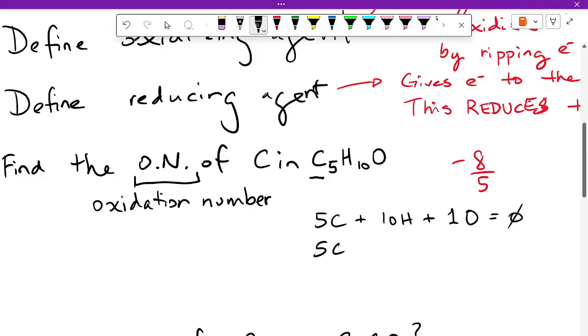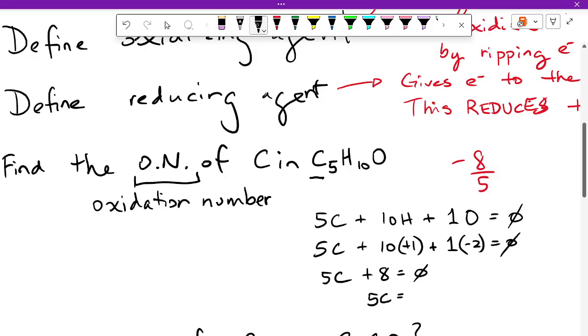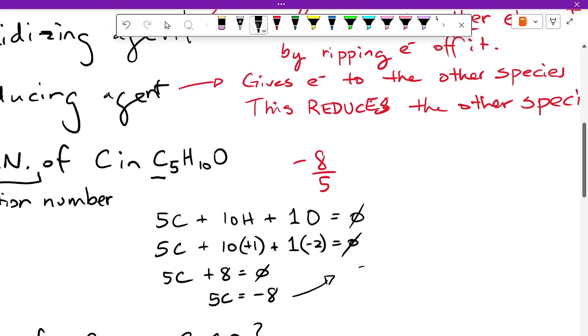Carbon is my unknown, so I leave it there. The oxidation number of hydrogen is how much? +1. The oxidation number of oxygen is how much? -2. And equals 0. So now I have 5 carbon, and then +10 and -2 is +8, equals 0. So I end up with 5 carbon equal to -8, and that takes us to carbon is equal to -8/5.